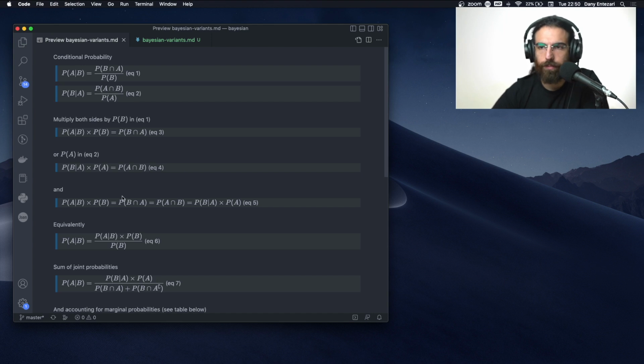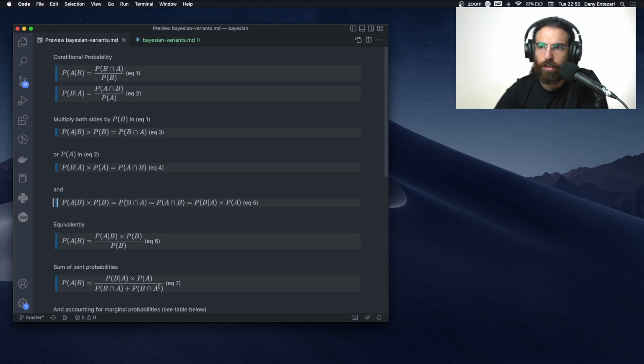In other words, equation 3 is equivalent to equation 4. And if the equations are equal to one another, then the terms on each side of the equal signs are also equivalent.